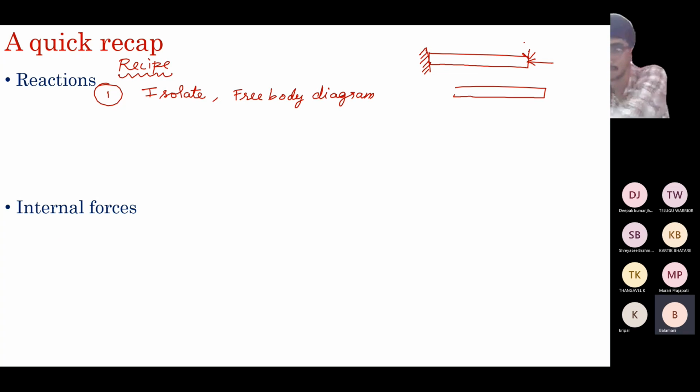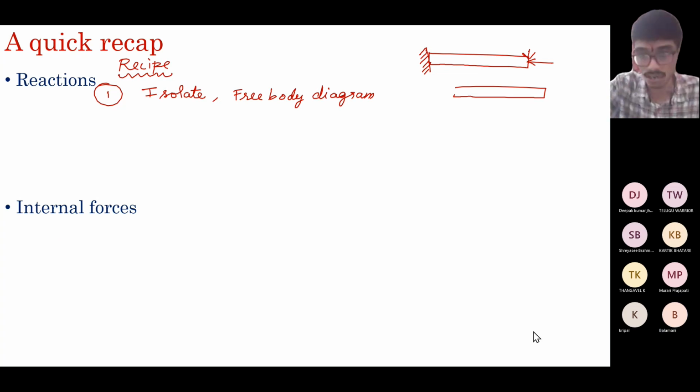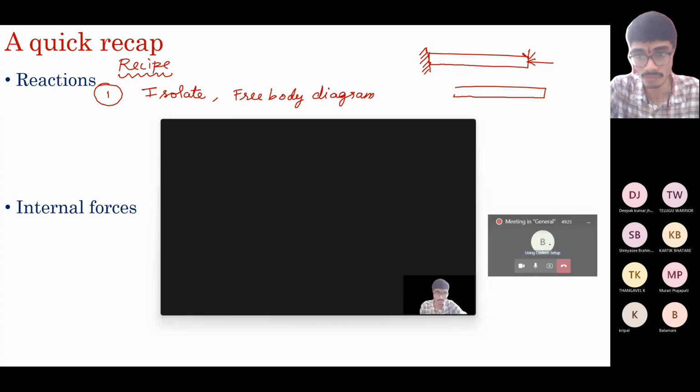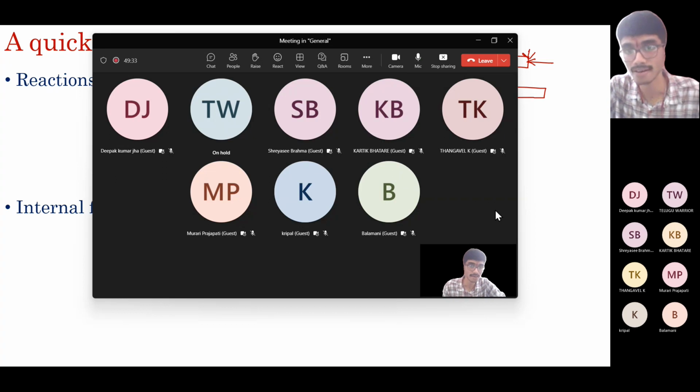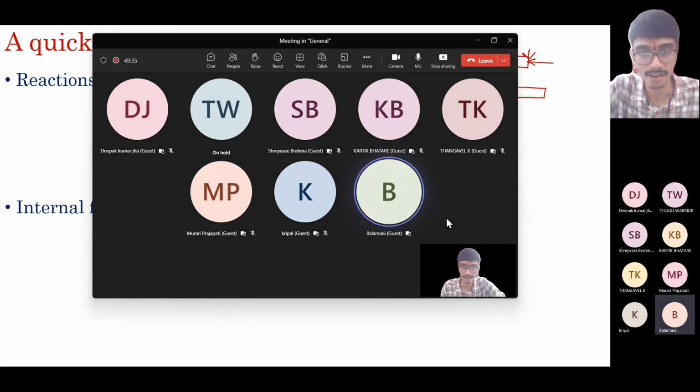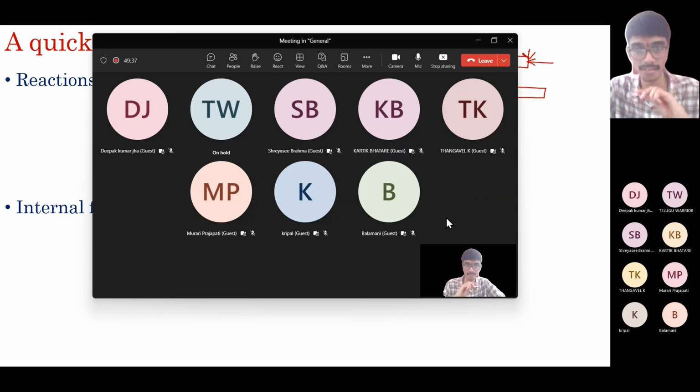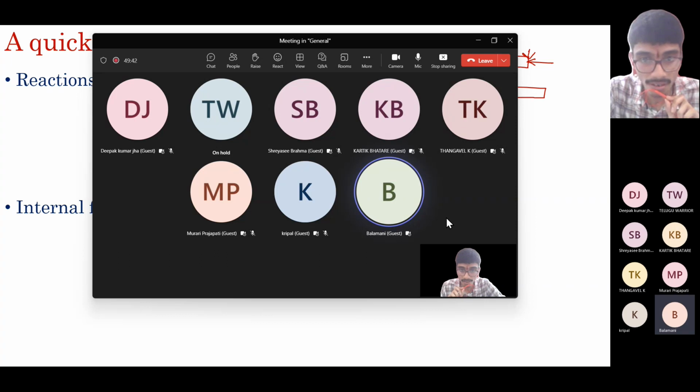Sir, I am unable to view the screen. Oh, is it? Am I audible now? Yes, sir, you are audible, but your screen is not visible.